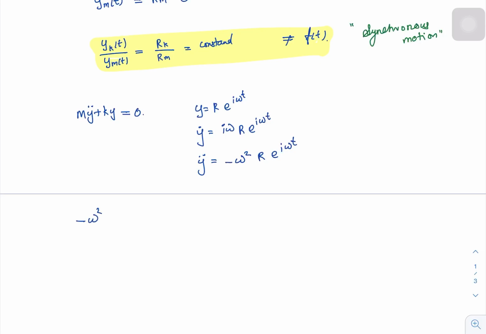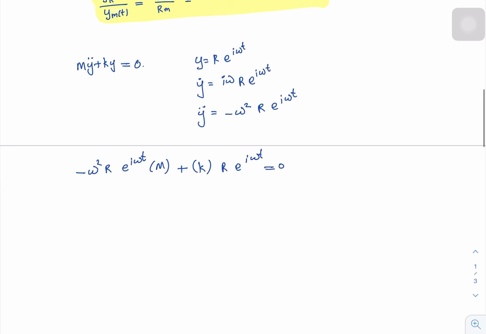Then you get minus omega square m times r e power i omega t plus k times r e power i omega t equal to 0. So minus omega square m plus k, times r, equal to 0. Therefore you can write k r equal to omega square m r. This is an important relation.